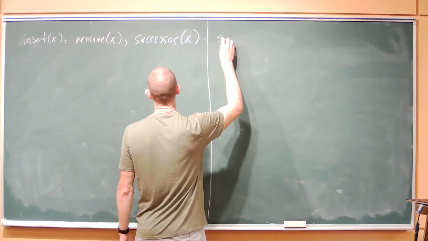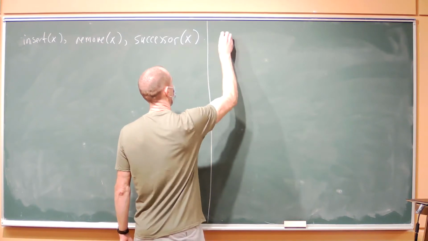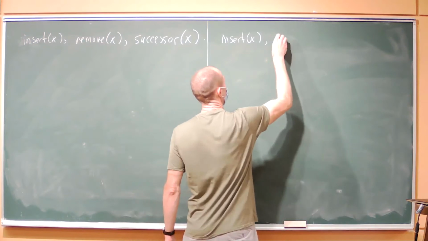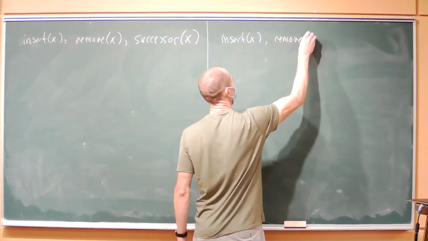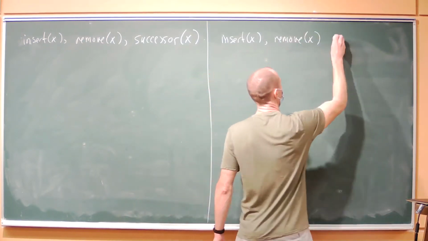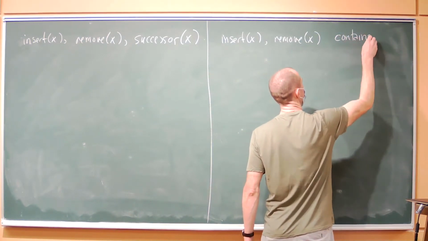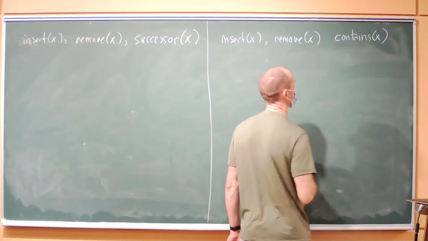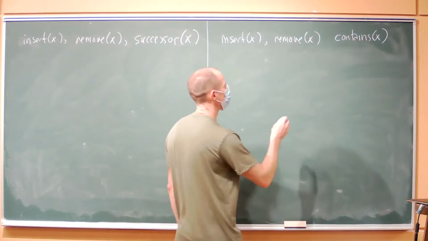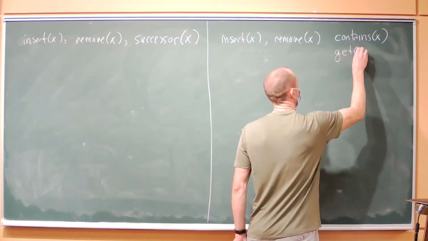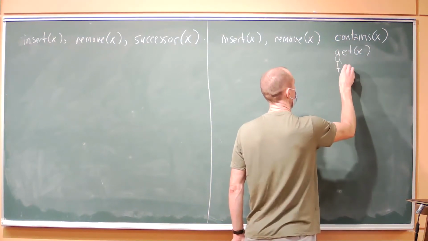things that are implemented as hash tables which support insert, remove, and a third search operation, which is sometimes called contains, tells us whether or not X is in there. It's sometimes called get, or maybe find.